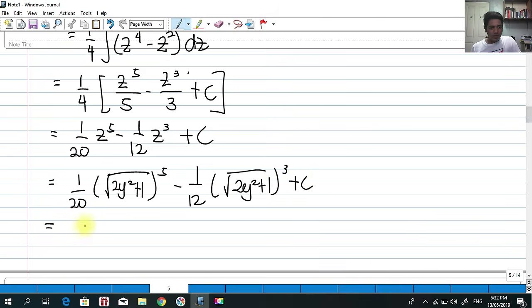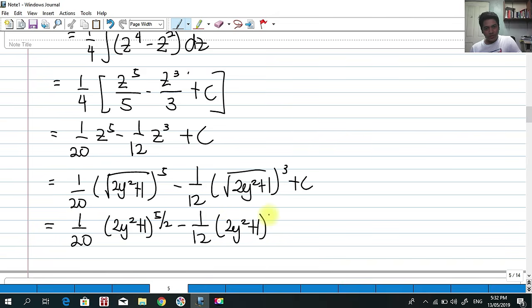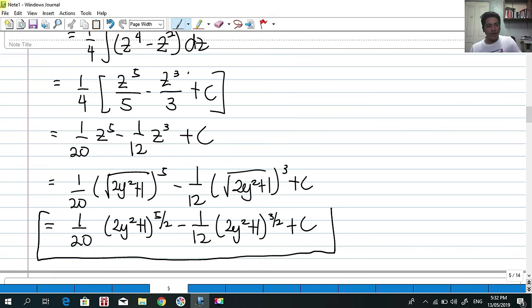Or in other words, we have 1 over 20 times 2y squared plus 1 raised to 5 halves, minus 1 over 12 times 2y squared plus 1 raised to 3 halves, plus c. And that should be our final answer.